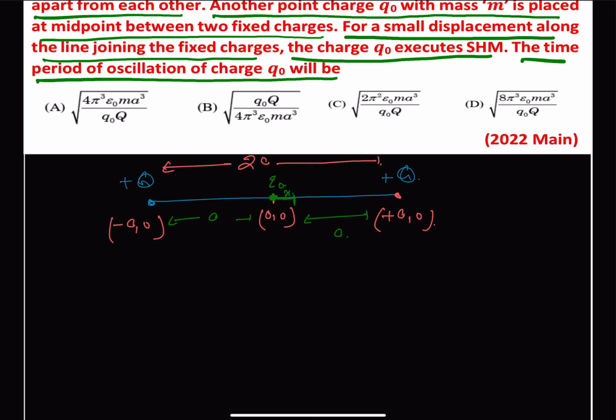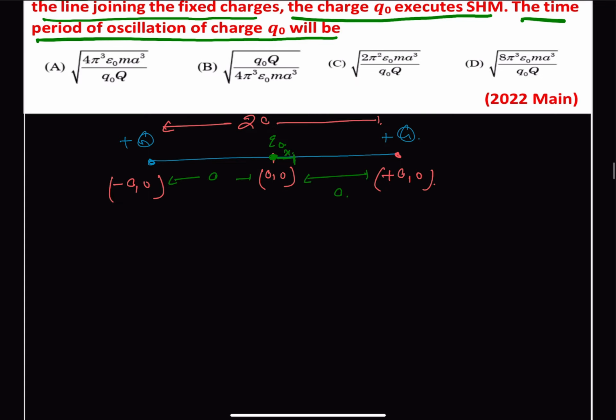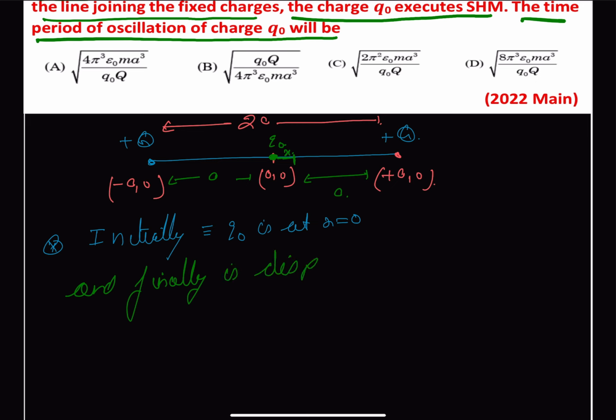So we can say that initially Q0 is at x equal to 0, and finally it is displaced to x equal to x.